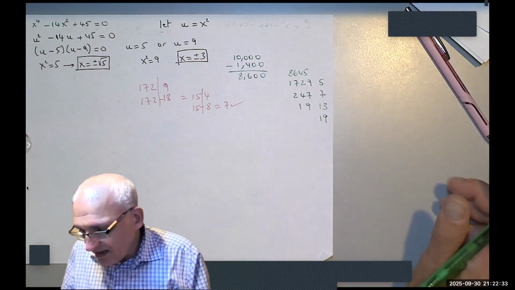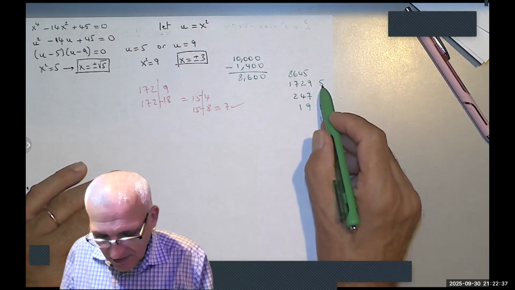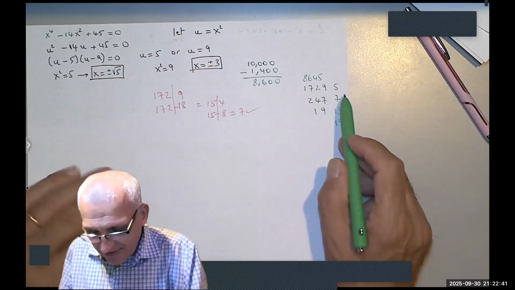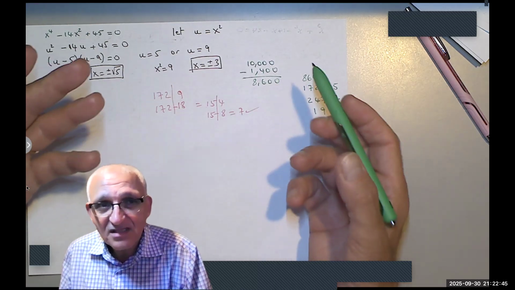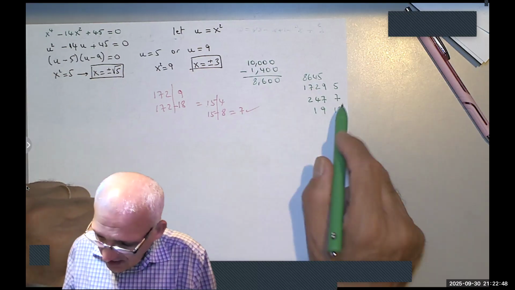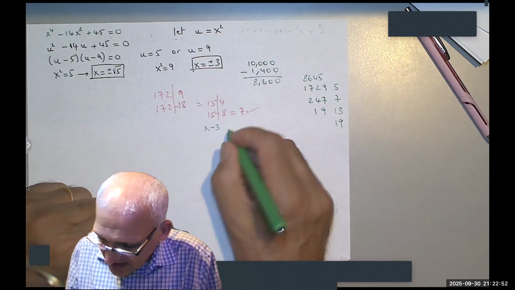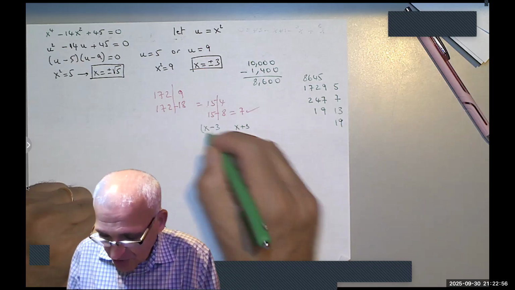Okay, now we have a problem. I have a 5, right? It turns out that 5 is not one of the answers. X minus 5 is not an answer. 7 is x minus 3, and 13 is x plus 3. That's basically these two roots.